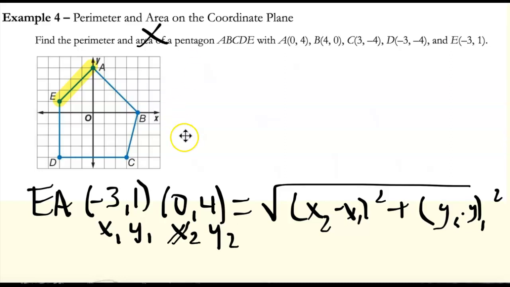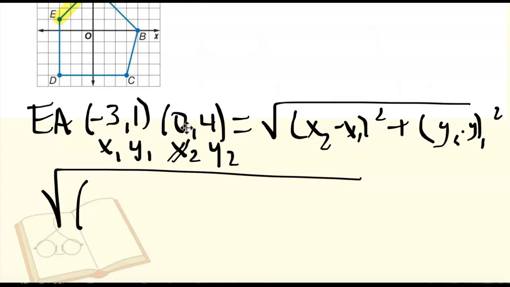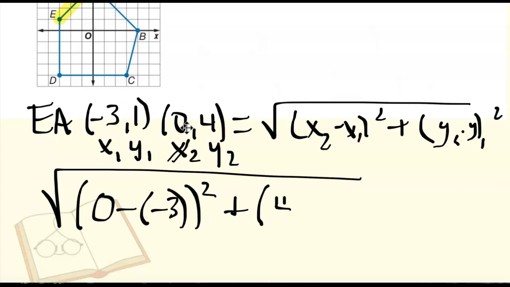So let's take our x's, so 0 minus -3, and that will be squared, plus our y sub 2, which is 4, minus 1, squared.